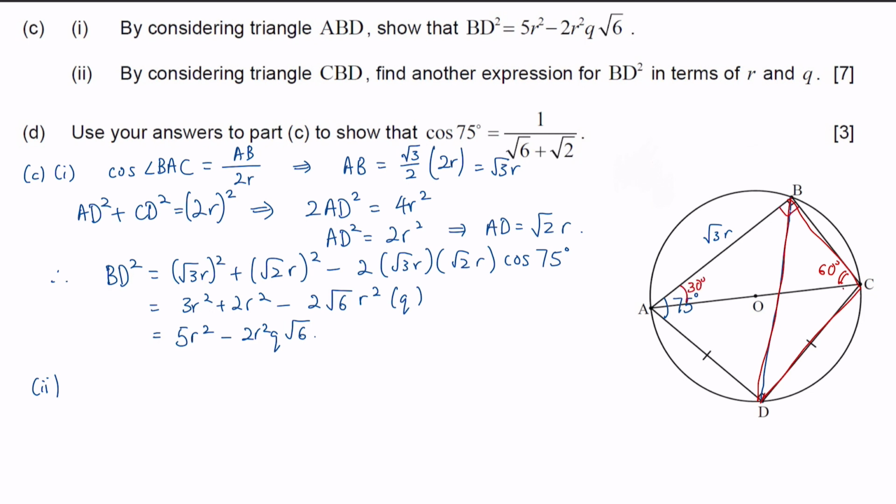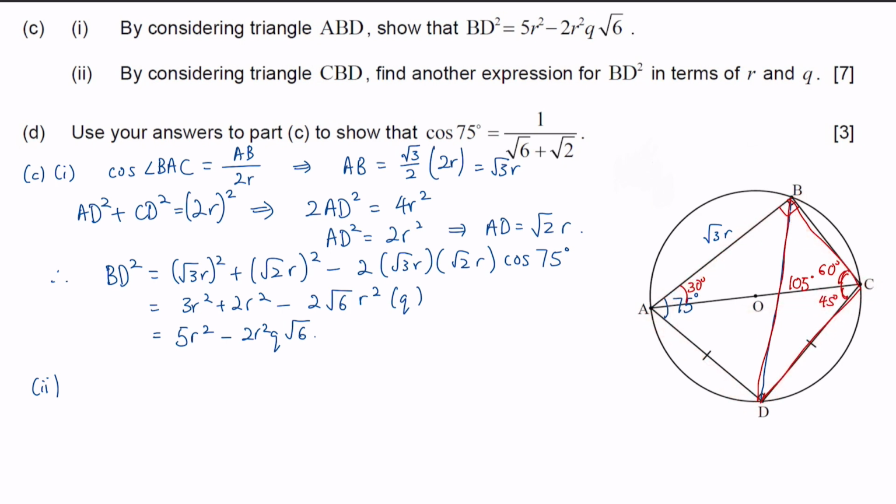And this angle here has to be 45 degrees. So the whole thing is actually 105 degrees. Also, because this is a cyclic quadrilateral, these two angles must add up to 180 degrees. That's also true.